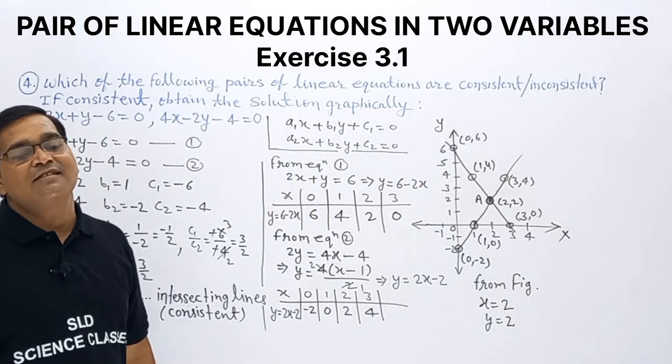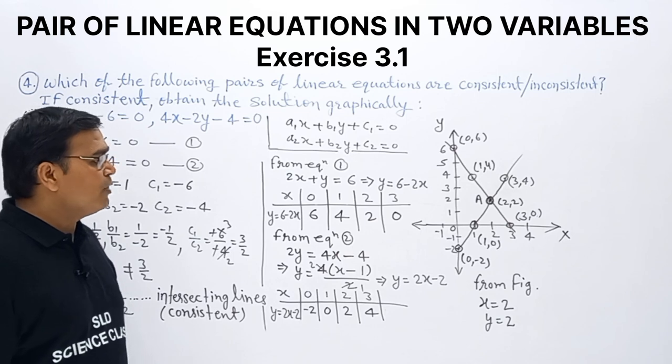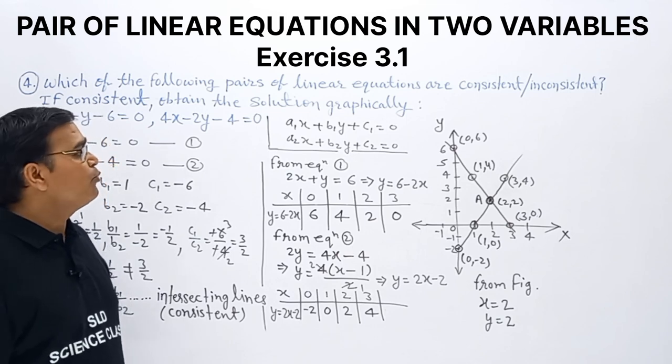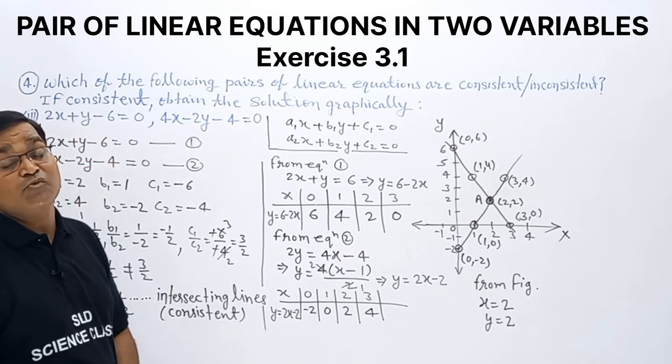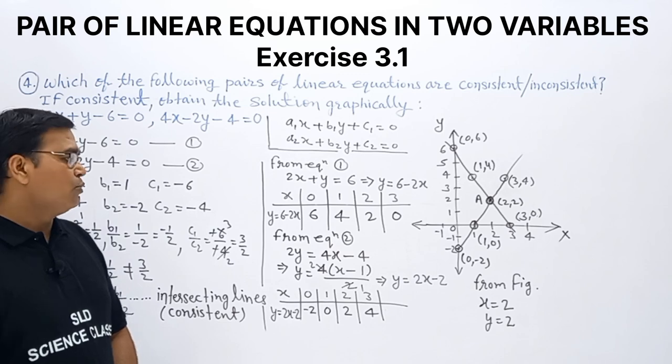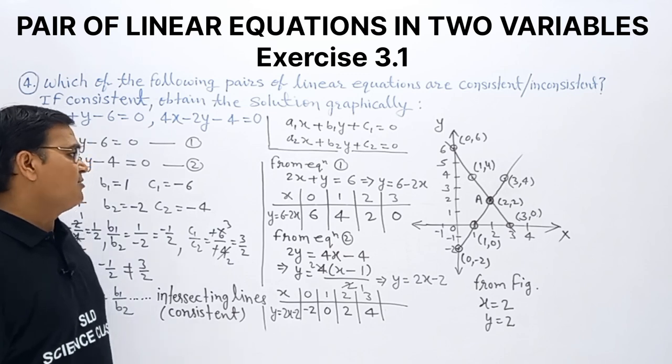The value of x is 2 and the value of y is 2. Graphically we obtained x equal to 2 and y equal to 2, because both lines intersect at this point (2, 2). So this will be the answer.